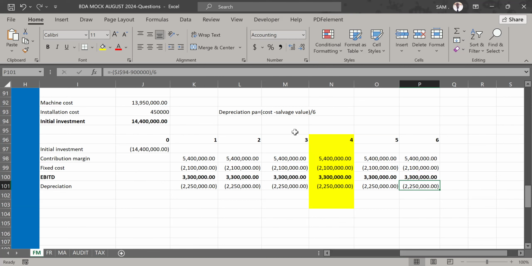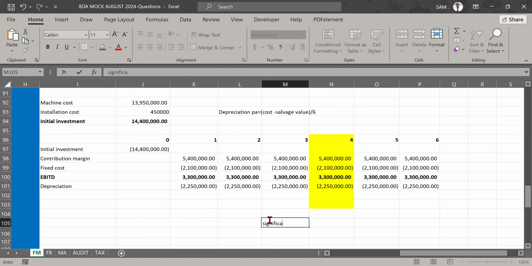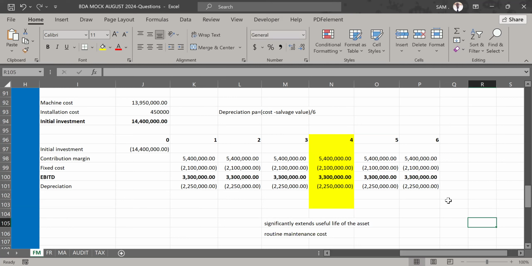That is being added to the asset's value on the balance sheet. The new total cost is then depreciated over the remaining useful life of the asset. Then, as an expense, if the overhaul is considered routine maintenance or repair, the cost is treated as an expense and deducted from profits in the period it occurs. In this case, it does not affect depreciation.